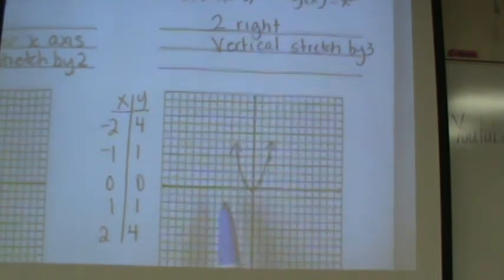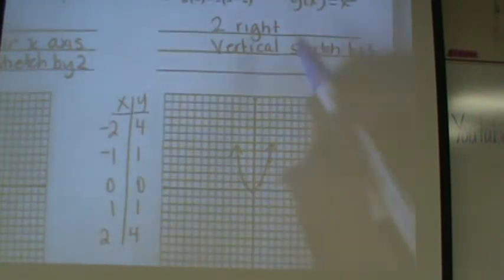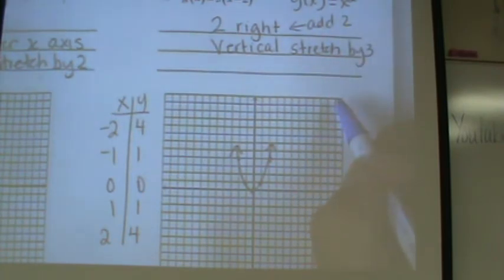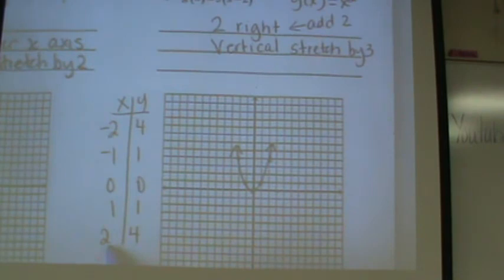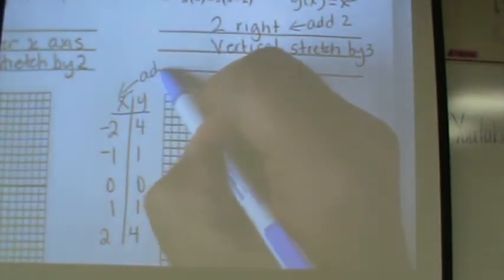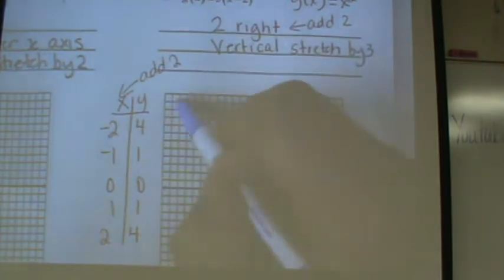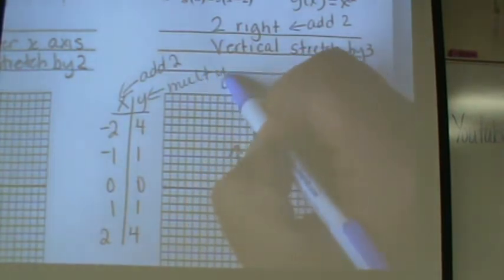So shifting it 2 units right is adding 2 to all these numbers. So you'd be adding 2 to your x values. And then you're going to multiply the y values by 3.